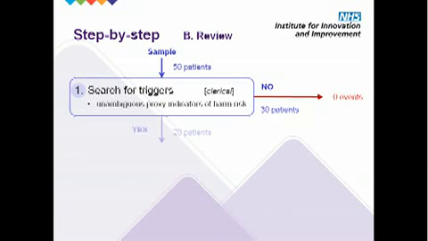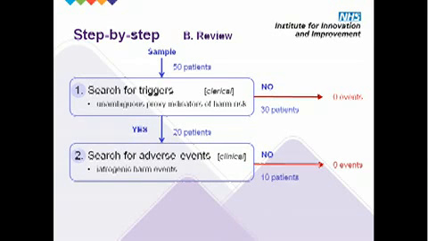The 20 that were left now need to be collected and given to a clinical member of staff in the practice, and we'd suggest that would be a GP or an advanced nurse practitioner, somebody with diagnostic skills, because what they need to do is look at that trigger and then review the 3 months of notes and reason if there is an adverse event linked to the trigger, iatrogenic harm events, and by that we mean harm events caused by the delivery of care to a patient.